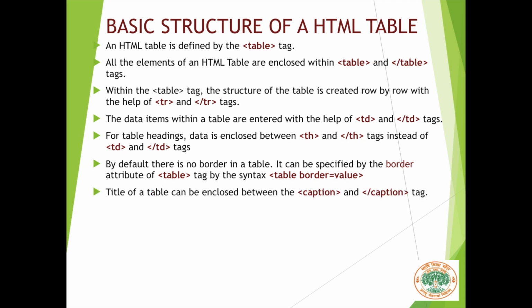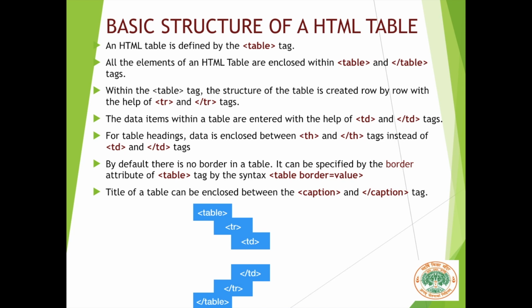You can give the title of a table with the help of the caption tag. So basically table creation consists of opening and closing the table tags, within that creating the rows using the tr tags, and finally inserting the data items with the help of the td tags. I hope it is clear.